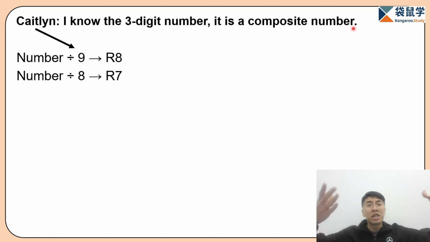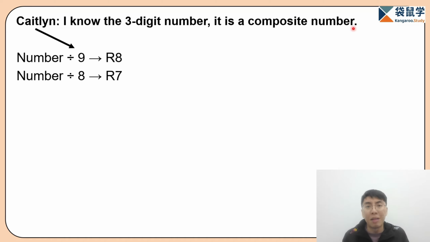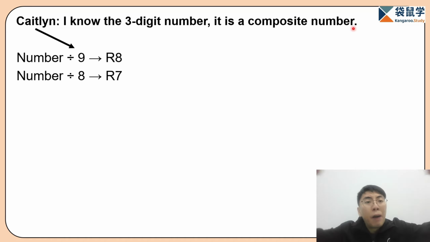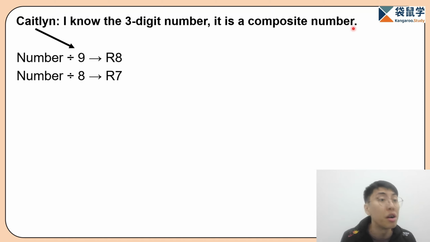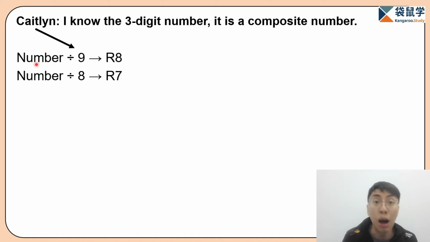So from this, we can try to modify it a little bit to get a better understanding of what we already have. We realize that remainder 8 and remainder 7 respectively are just one number away from the divisor. And what happens if we add 1 to the original number?